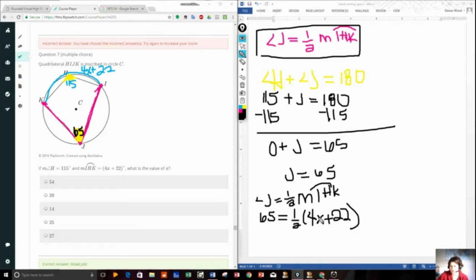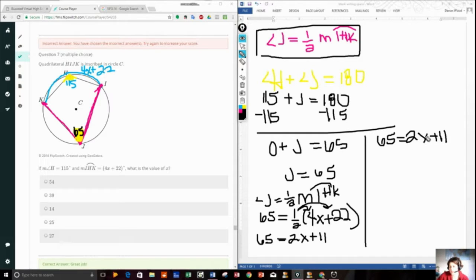Now we can solve for x. We're going to distribute this 1/2. What is 4x times 1/2? That is 2x. And what is 1/2 times 22? That's 11. So we have 65 is equal to 2x plus 11.